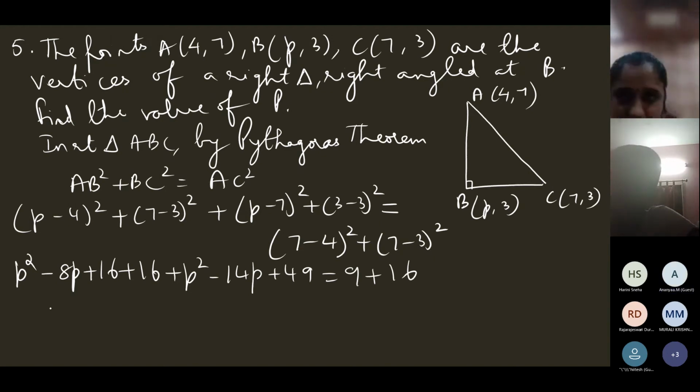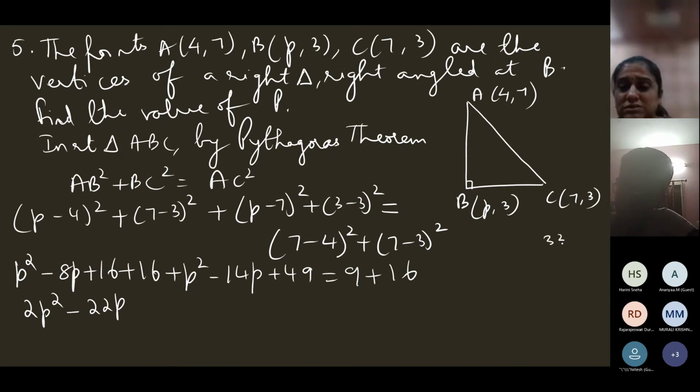Yeah, it's minus 11p. It is 32 and 49, 81, and this will come here as 25, plus 56.